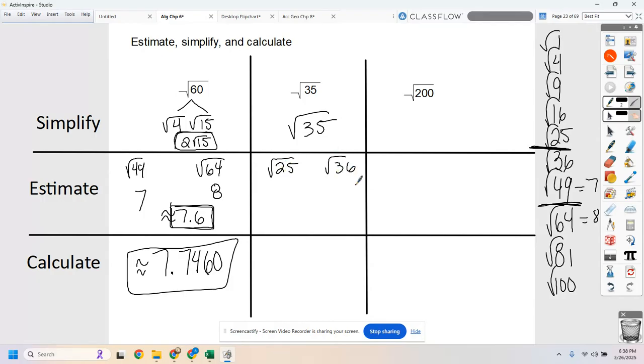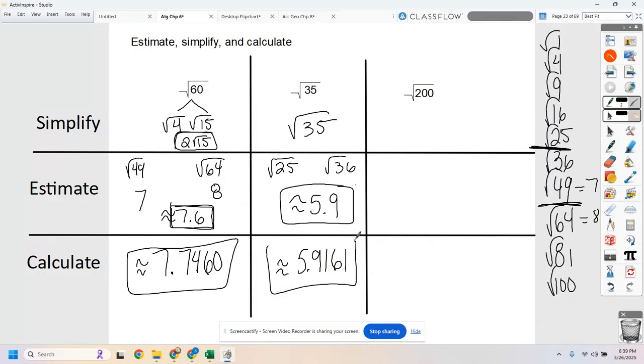It's almost the square root of 36, so I'm going to go about 5.9. That's what I think my estimate is going to be. And then I'm going to grab my calculator, square root of 35. Approximately, remember 4 decimal places, 5.9161 is what I get. There would be my calculate answer.